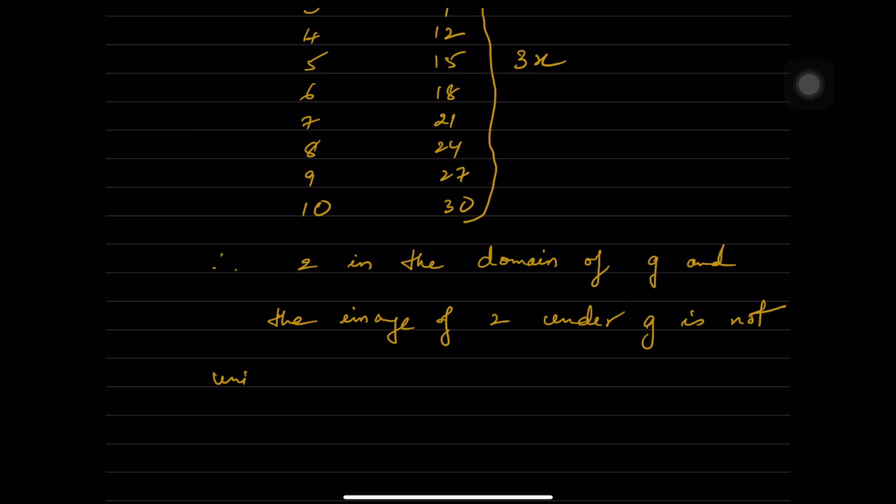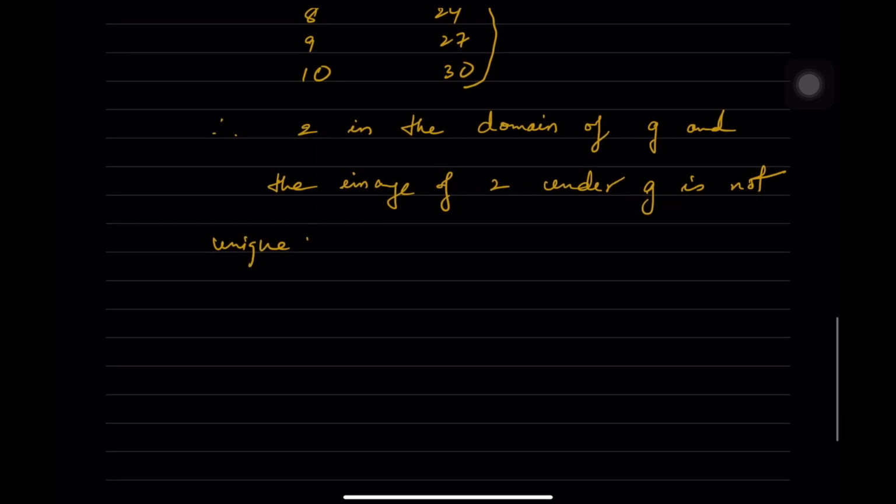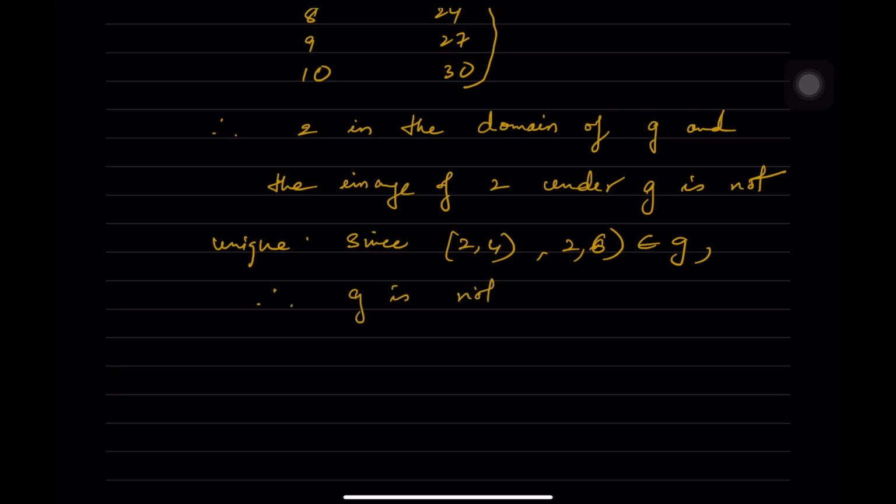It has two different images. Since (2, 4) and (2, 6) both belong to G, therefore G is not a function.